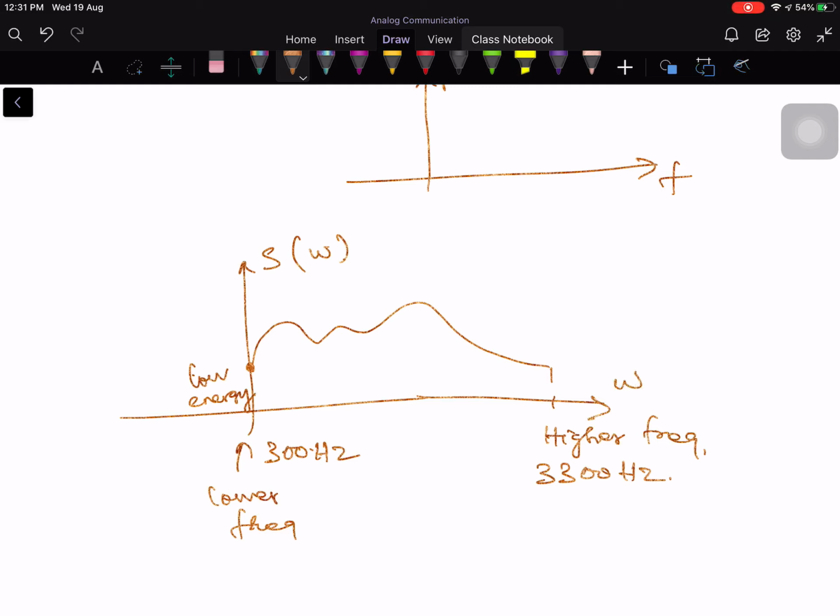If I plot a power spectrum, then there is no question of phase. Because the power spectrum only gives information about the distribution of the power as a function of frequency. And typically the power spectrum is a tool that we employ when we are talking about random signals. If it is a deterministic signal, then magnitude spectrum.